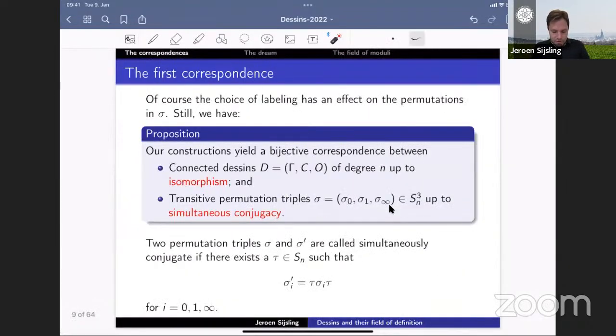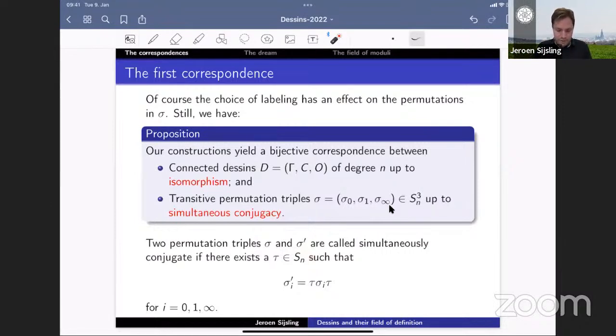And the simultaneous conjugacy is that you call two of these triples simultaneously conjugate if and only if you can find a single element that conjugates all of these ones to each other simultaneously for 0, 1, and infinity, or for that matter for just 0 and 1, because then infinity also goes.